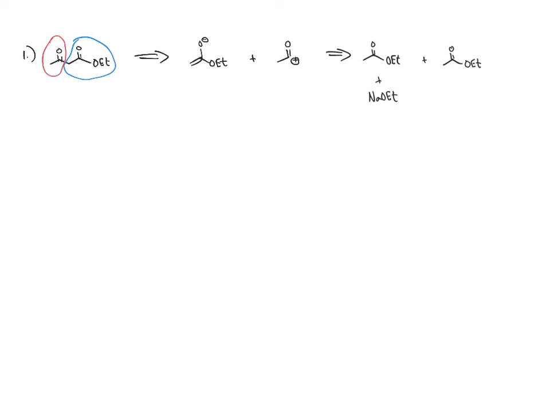Now, why do we choose this? Because it was one of those four choices. It's not an aldehyde or ketone, but rather it's an ester, anhydride or acid chloride. Obviously, you can't make that bond with an alkyl halide nor with an alpha-beta unsaturated carbonyl. And so this reaction that we're talking about here would be a Claisen condensation.